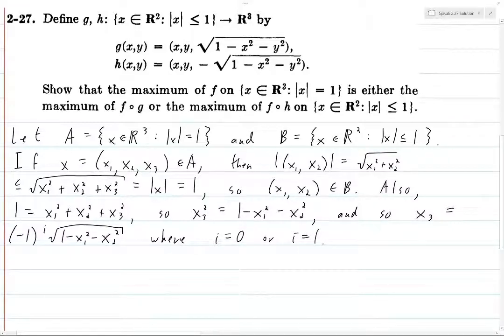Basically, because x3 squared is equal to this thing, x3 itself is going to be the square root of the thing on the right hand side, but there's two possibilities. It could be negative or it could be positive, and we don't know which one it is, so it's going to have some sign.